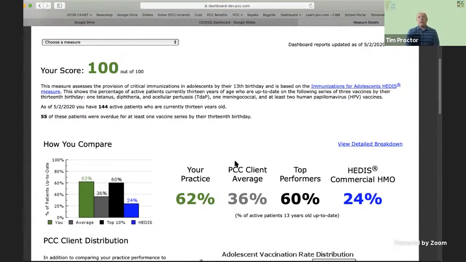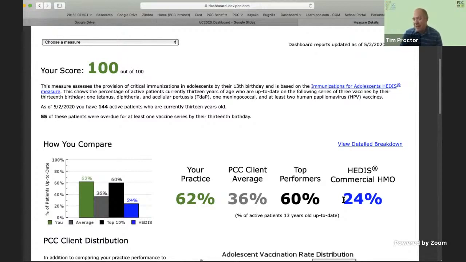So we do not exclude patients from a measure if they are marked as refused. And there's a reason we do that. We want to reflect the measure result consistently across all clients. And the HEDIS measure result, for example, doesn't exclude patients that are refused.